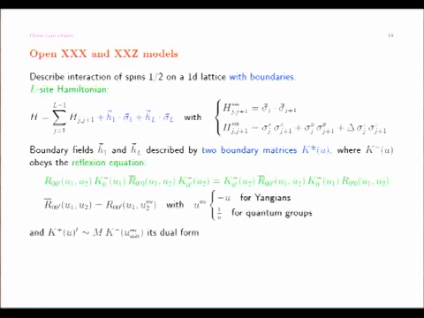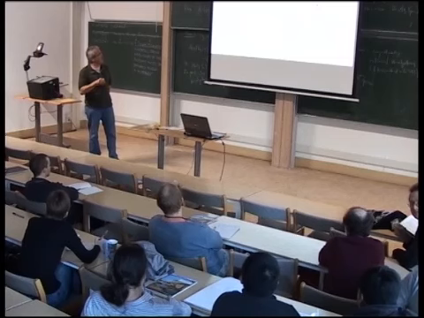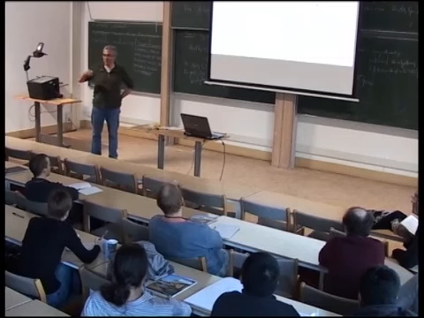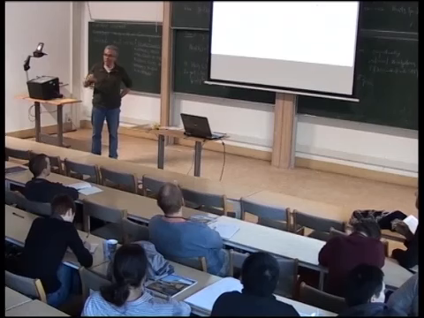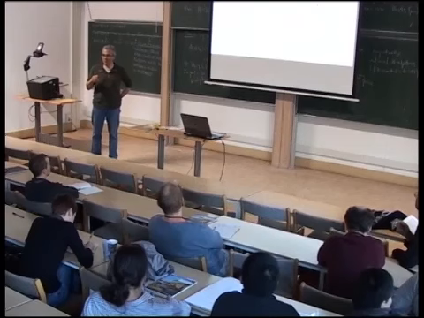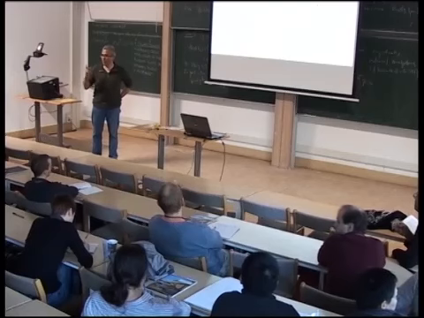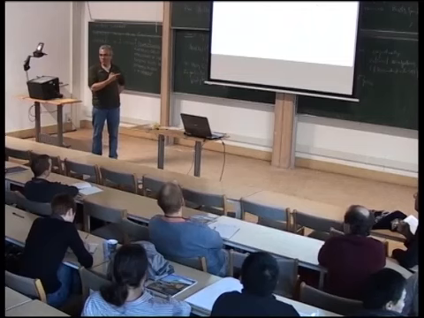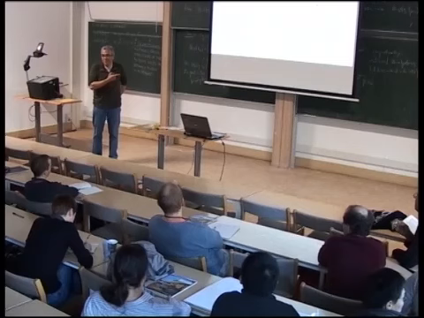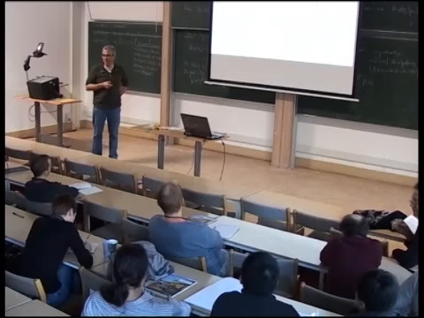In spirit, this is the inverse of the R matrix, and instead of taking the inverse, you can take the transpose of the R matrix in one space, and then you have another model. But I don't think the algebraic Bethe ansatz has been done for this kind. I'm quite sure, because in fact for the solutions of the K-matrices, there are no diagonal solutions. So you cannot perform the algebraic Bethe ansatz.